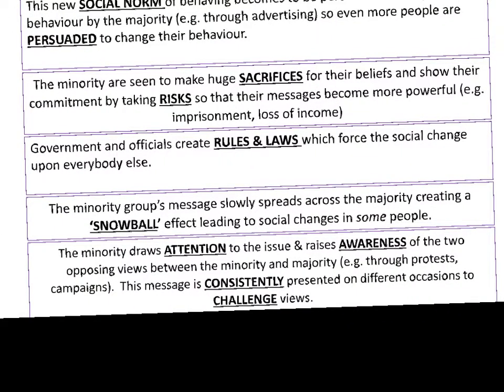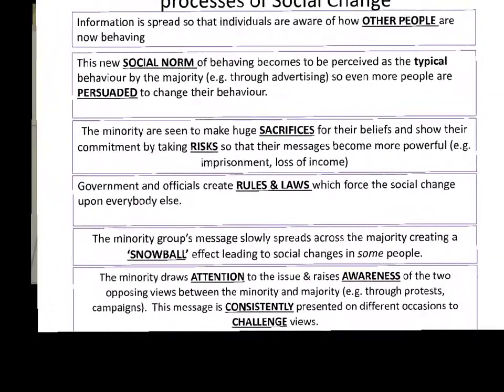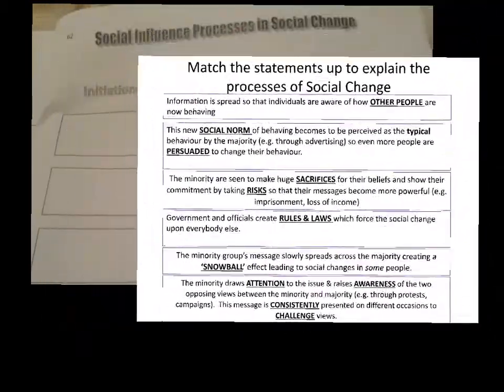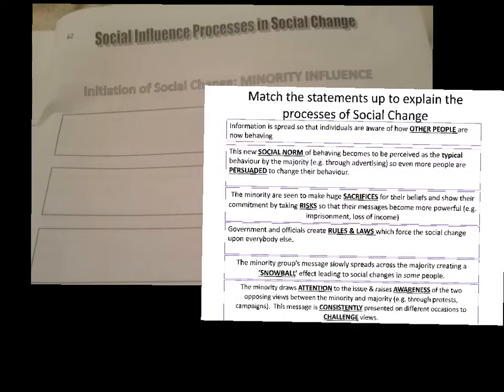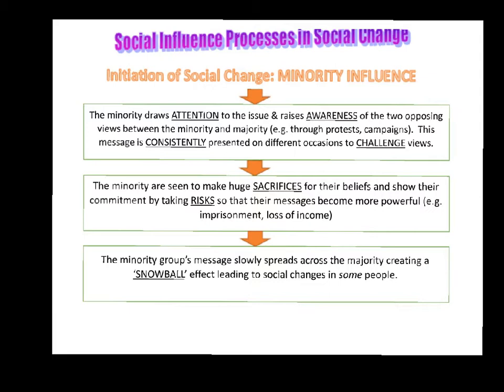The minority group's message starts to spread very slowly, and so some parts of the majority start to pay attention to how this minority is acting, and that can lead to other people being affected by this minority influence. You can see this is what you have got there in the section relating to minority influence.